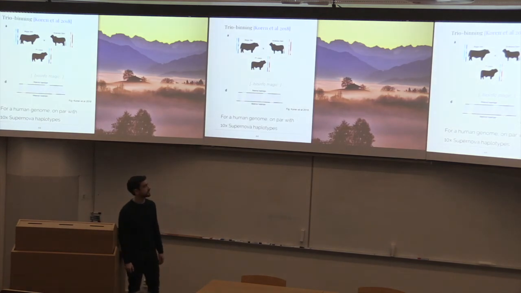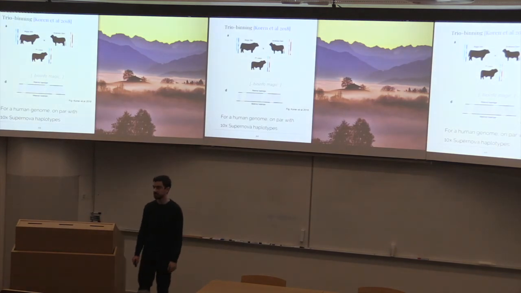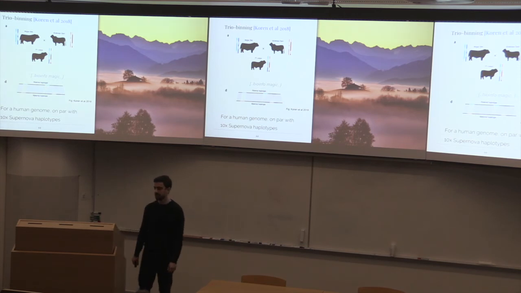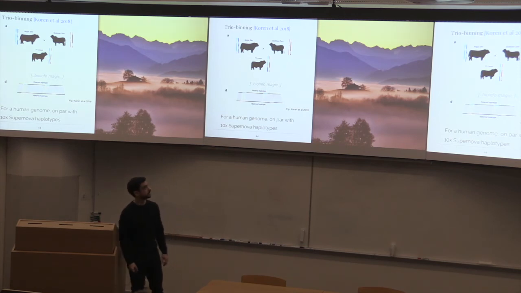I'll also plug this technique, which was published this year, which I really like. It's called trio binning, which consists of, you want to do an assembly of a diploid organism, and you kind of want to resolve both haplotypes. A way to do this is to sequence both parents as well as the child.